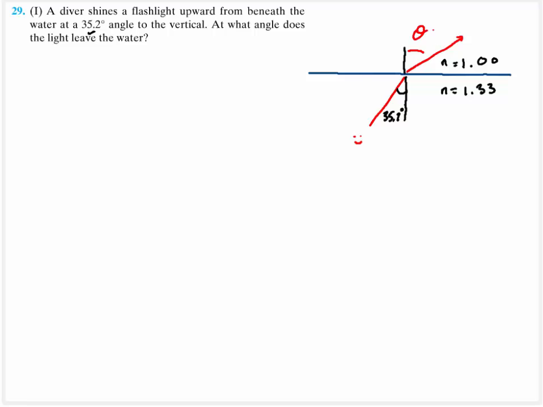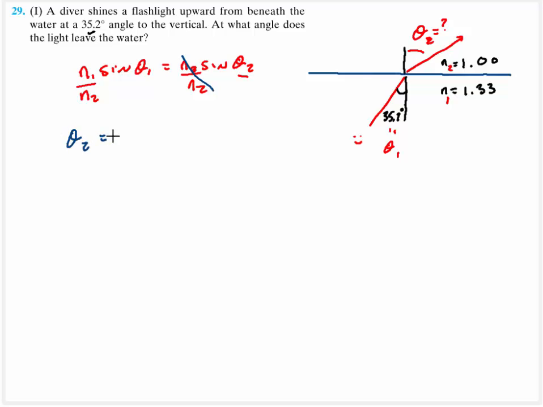And I'm asked, what is that angle going to be equal to? So this is my initial, this is my final. Snell's Law: n1 sine theta 1 is going to be equal to n2 sine theta 2. I'm interested in theta 2, so divide both sides by n2. Go ahead and cancel these out. Take the arc sine, or inverse sine, of both sides.